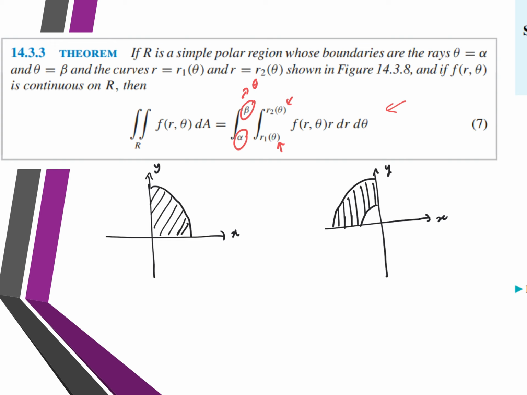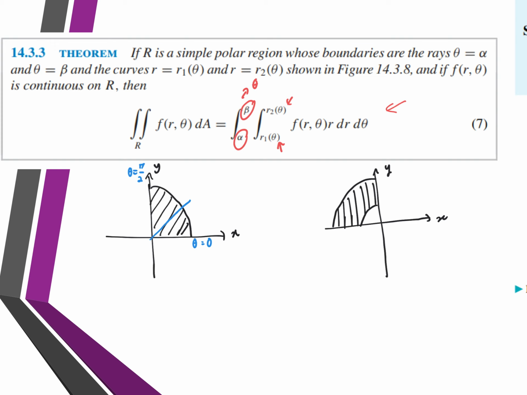Okay, for this one in the first quadrant, here theta is equal to 0, and this one is theta is equal to pi over 2. So next, we are going to find the value of r by drawing a line from the origin until the outer part.